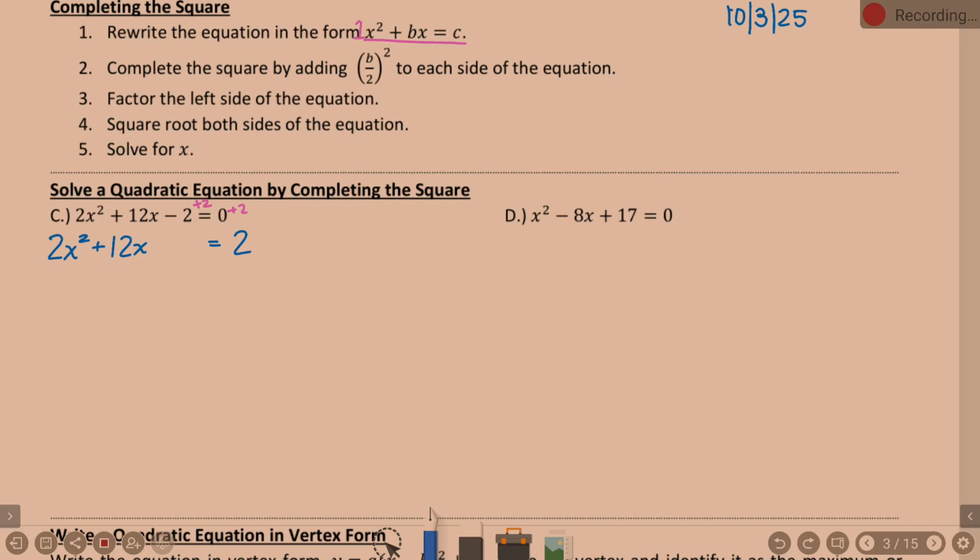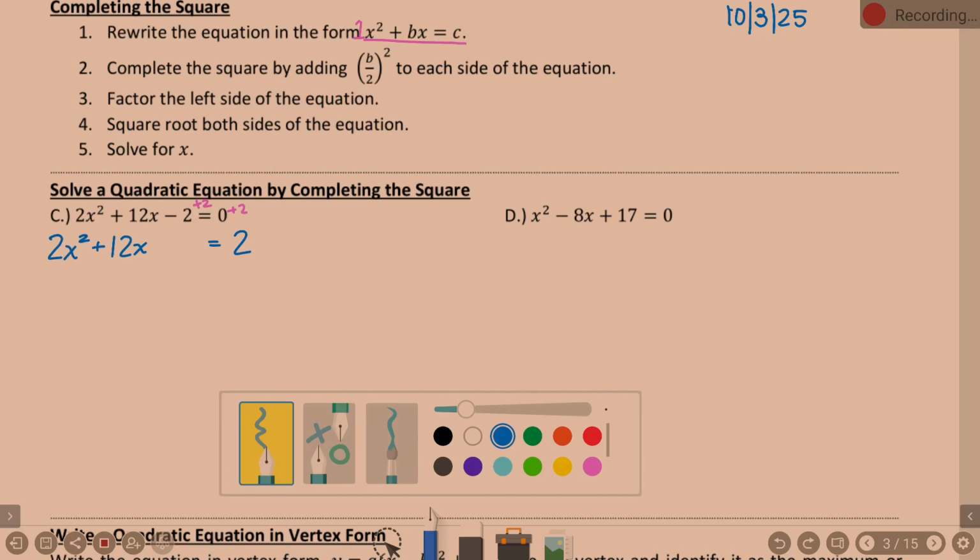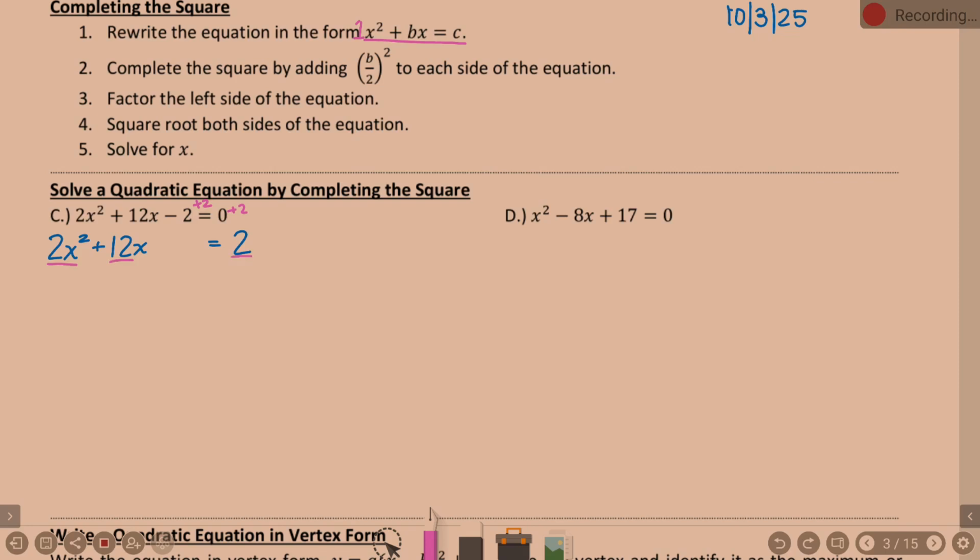The other thing I need is on the back side of that paper. Okay, the other thing I need to do is I need to make sure I do not have an a value other than 1. So how do we get rid of this 2? We're going to divide by the 2.